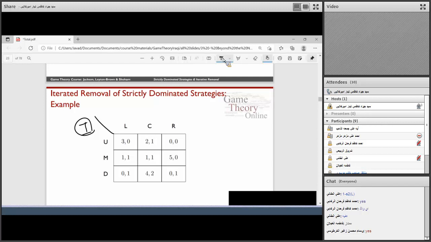In other words, we're comparing the rows here, and then we're comparing these. That's for user 1. Now, for user 1, it looks like there is no dominant strategy. I mean, at least I can't see it.